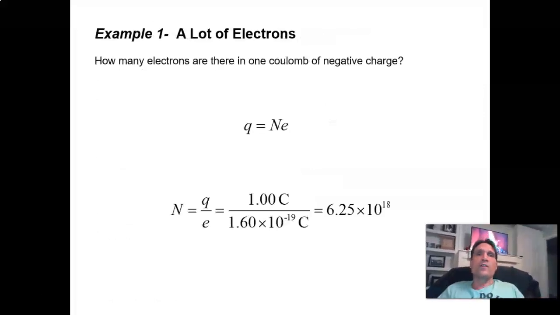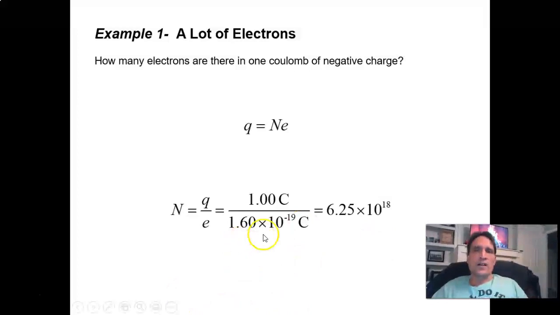So we're going to get into an example. We're going to get into how electrons can be transferred by rubbing in a little bit, but let's see, basically, to get an appreciation for how big a coulomb of charge is, let's calculate how many electrons are in a coulomb.